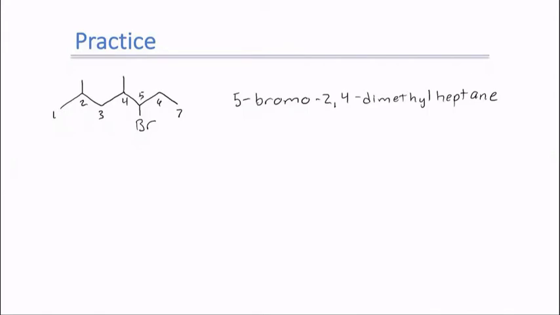And then let's say we have this compound here. So in this compound, we have our methyl group on carbon 2, or the bromine could be on carbon 2, depending which side we start the chain on. So in this case, we're going to follow step 3, where the substituent that has an alphabetical precedence gets the lower number.